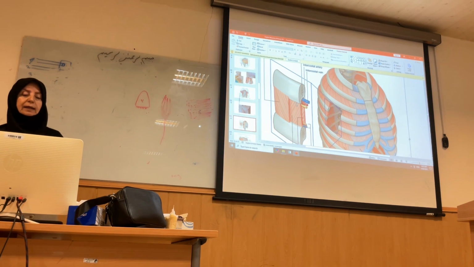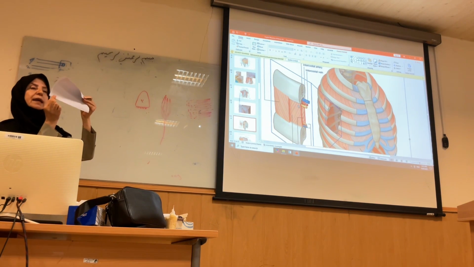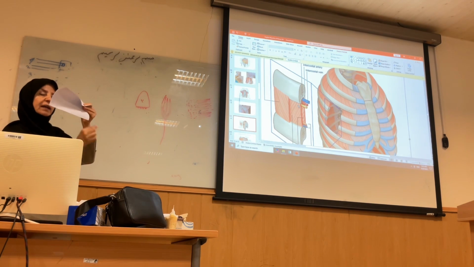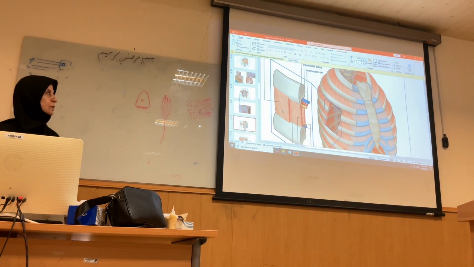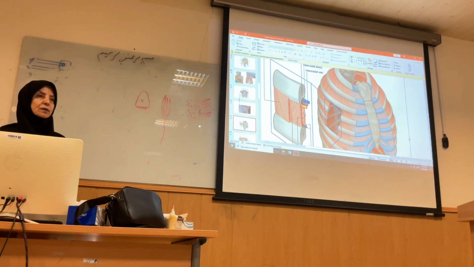This internal intercostal muscle is going to connect to the inferior border of the costal groove, and inferiorly it is going to connect to the superior border of the lower rib, leading to the connection of the external intercostal muscle. Now, look at the innermost. Compare with the internal intercostal muscle. What is the difference? Is it different? No, the same. The direction of the muscle fibers is the same.